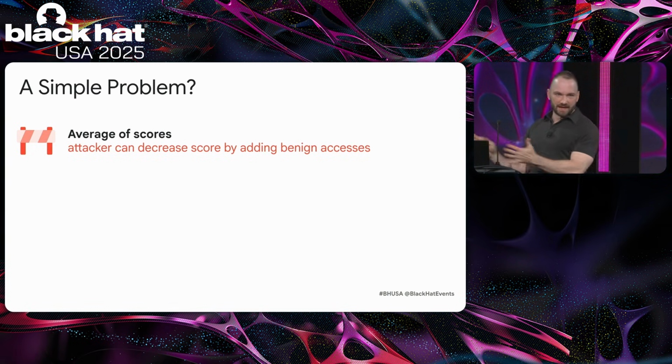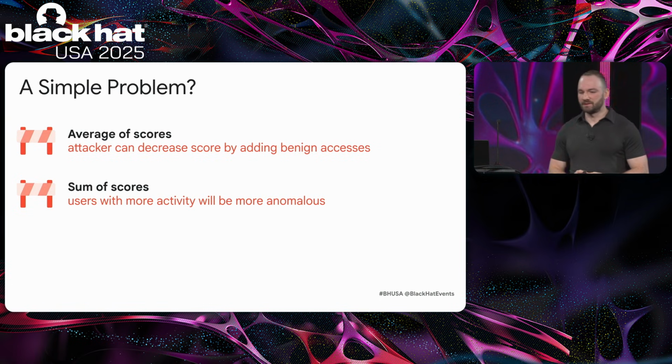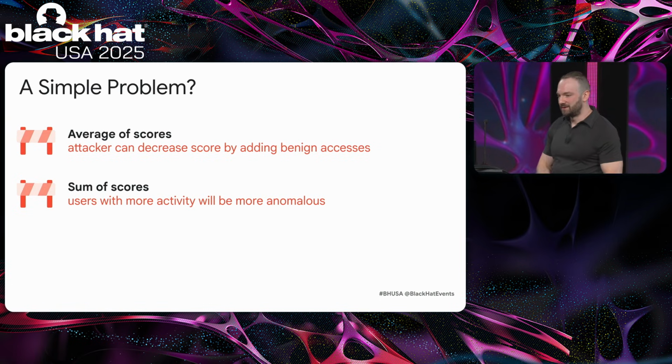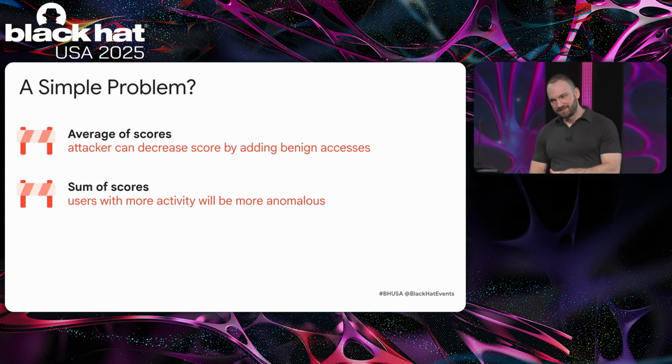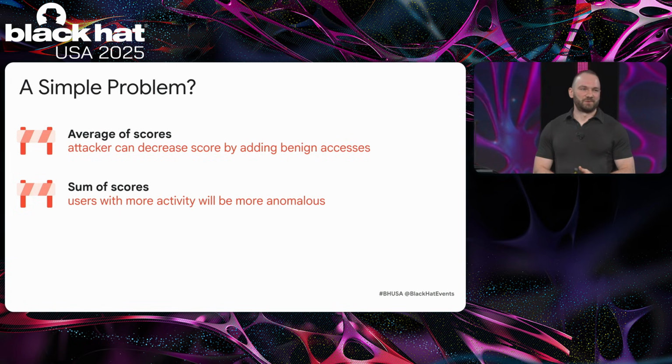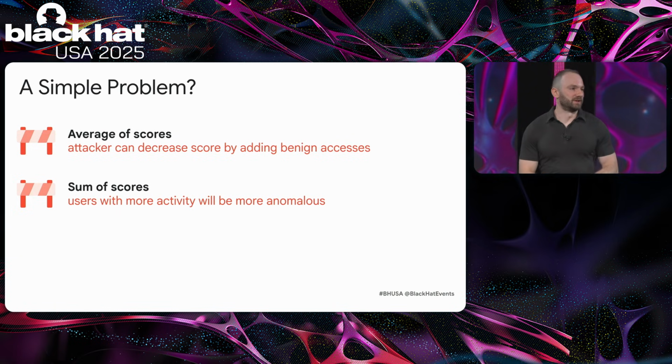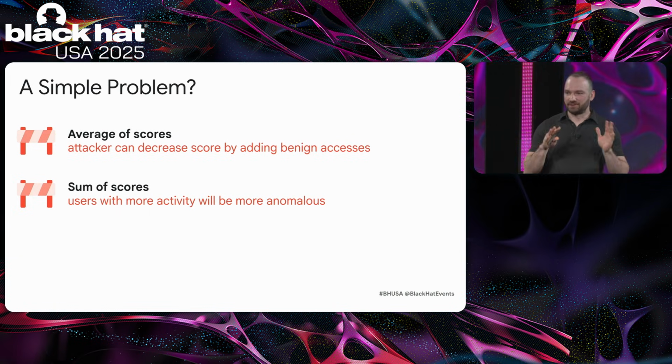OK, well, let's not divide, and let's just sum the scores together. In that case, we're going to have another bias, which is that users that perform more actions will tend to be more anomalous. OK, that's also out of the window.